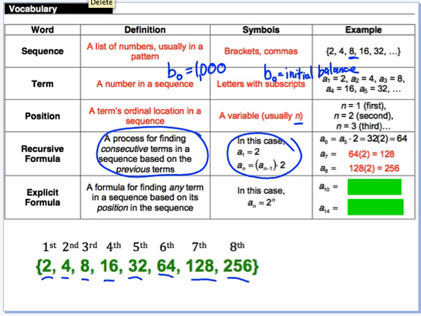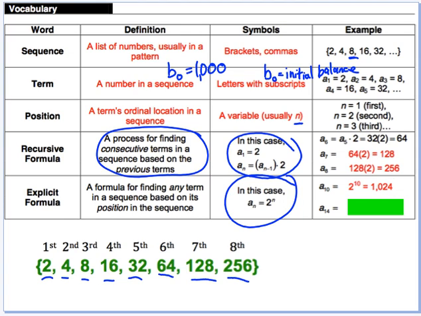Okay, now with explicit formulas, you've got this case. You have your a sub n. Let's say I'm looking for the 8th term. I would have 2 raised to the 8th power, and then in the calculator, I just calculate that out. This time I'm looking for a sub 10, so the 10th term in this pattern.